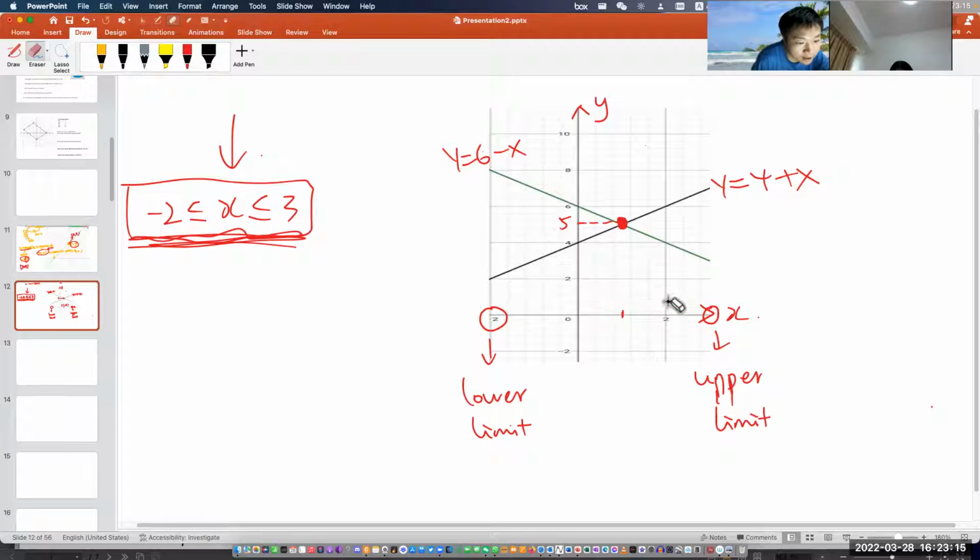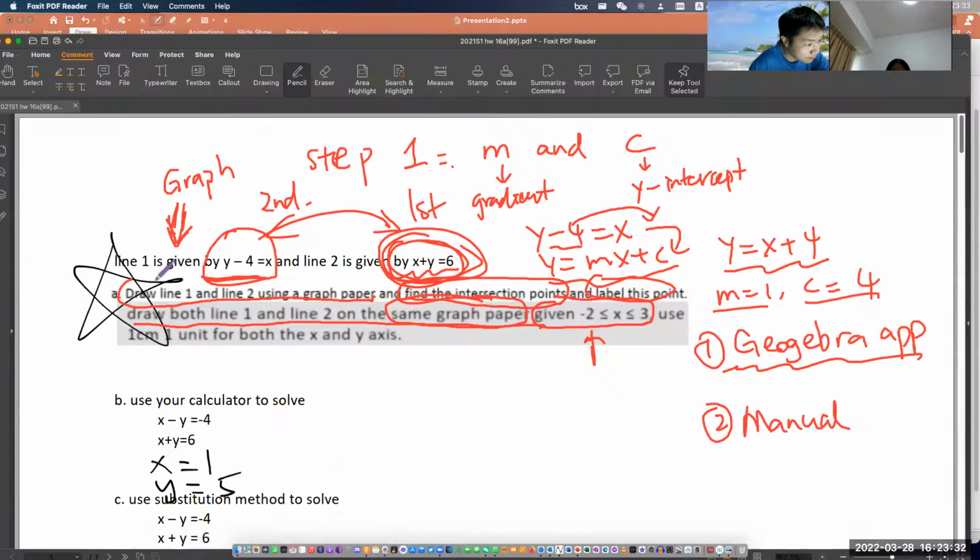Of course, you need to write it next to the point. That's how you label the point. All right, so that's how you complete this question. Clear? So we have completed question 1.